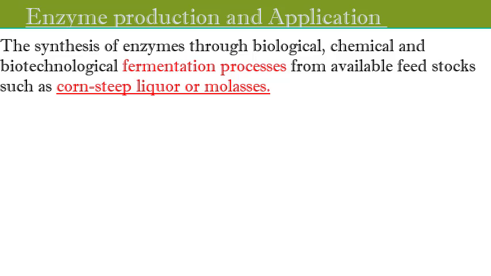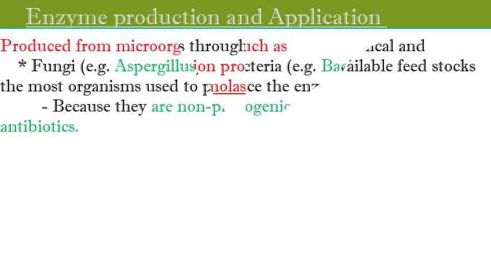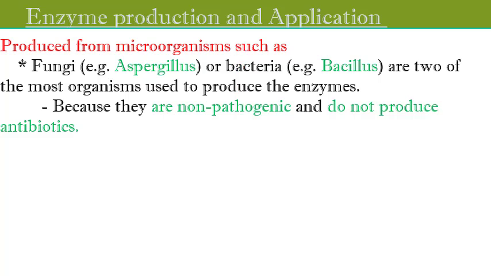They can be genetically engineered to overproduce such specific enzymes. Aspergillus from fungi and Bacillus from bacteria are two of the most applicable organisms used to produce enzymes.